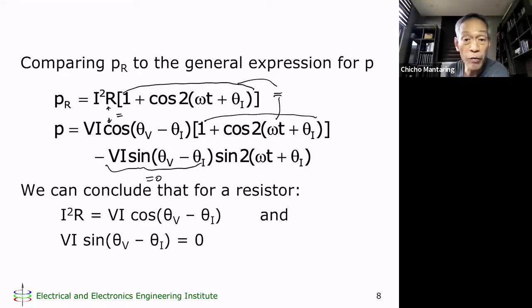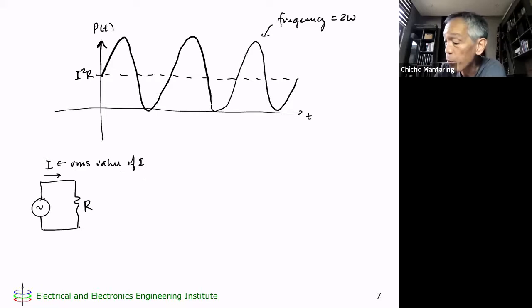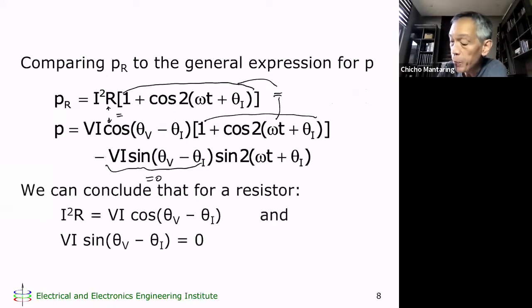So we can conclude for a resistor that I squared R, which we said is the average power, that is the average power delivered to a resistor, is equal to the RMS value of your voltage multiplied by the RMS value of your current multiplied by the cosine of the difference in angle between your voltage and your current.